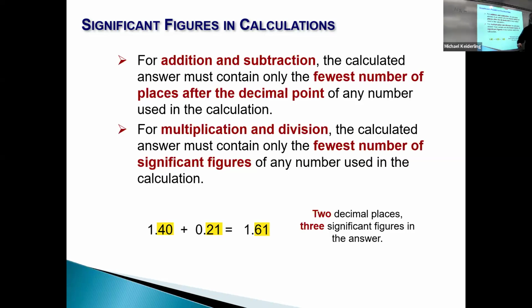So this is why averages can give you more precise information, because when you add up a bunch of numbers, you can end up with more significant figures than you started with. So this is two decimal places with three significant figures in the answer. So I guess that was relevant in the lab today. If you were picky about significant figures when you subtracted that weighing dish, you would have had to round your answer, but you should be doing it to the right number of decimal places to be strictly correct. And that's the more obvious thing to do.